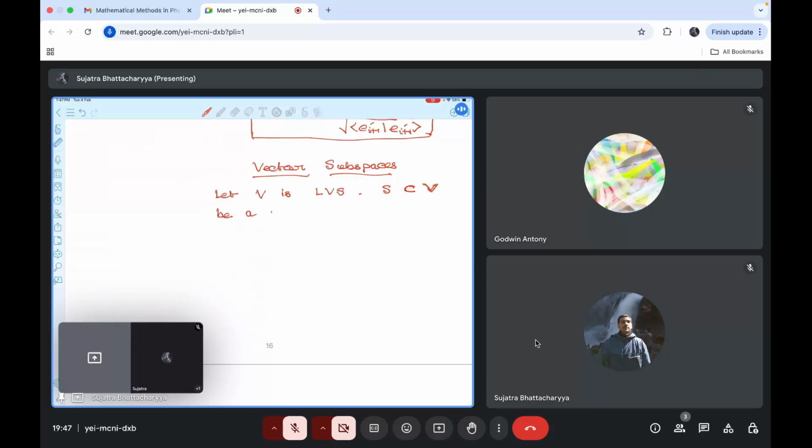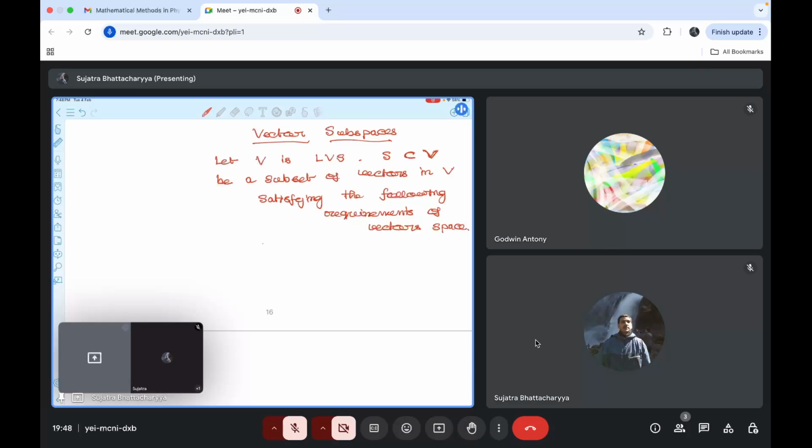B is a subset of vectors in V satisfying the following requirements of a vector space. Generally, in a vector space, we have seen that there are certain requirements like closure under addition and scalar multiplication.